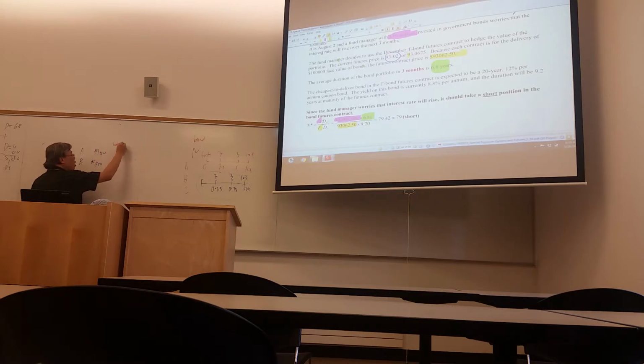The weight is weighted by the price of the bond. The total price is 500, so this is 20% and this is 80%. Then with DA and DB, the portfolio duration will be 20% DA plus 80% DB. This is the correct way to find the duration. Some of you just added up the two numbers, which is wrong.